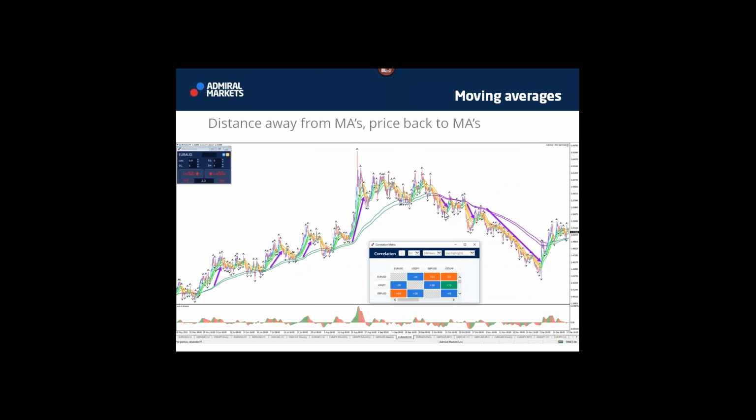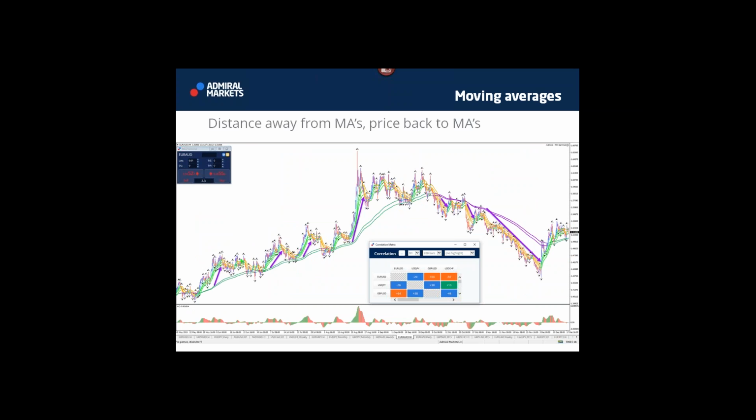All right, moving on to moving averages, I think that's another way of scaling out. If price is going back as a reversal trade, the target could be the moving averages themselves. Let's say in this example right here, targeting the long-term moving average, the purple moving average, could be a first scale out or the last scale out. You get my drift.